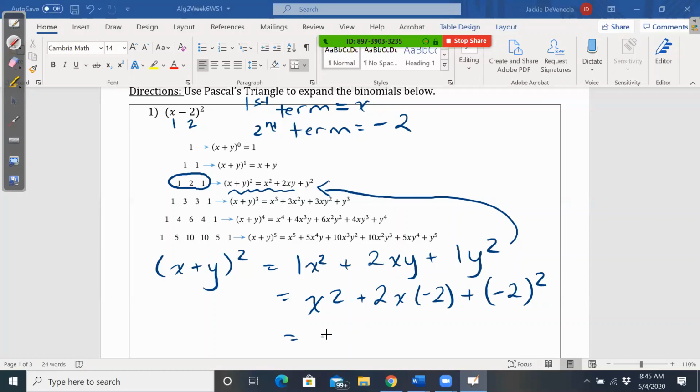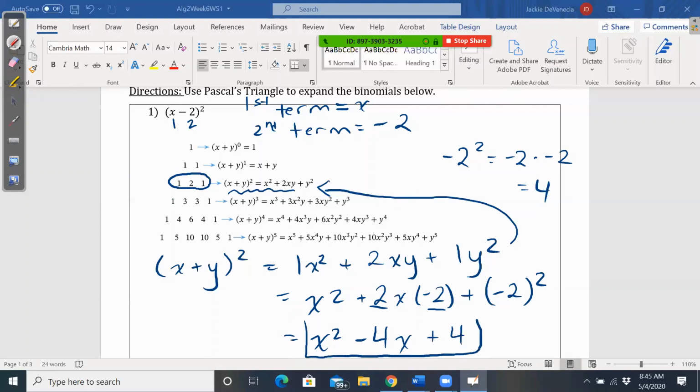And then I can go ahead and simplify this. So this would be x squared, 2 times -2, which is a -4x. And then over here, -2 squared is the same as -2 times -2, which is equal to 4. So that'll be a +4. And that's how my answer will look right over here.